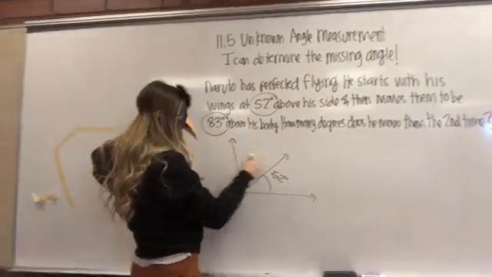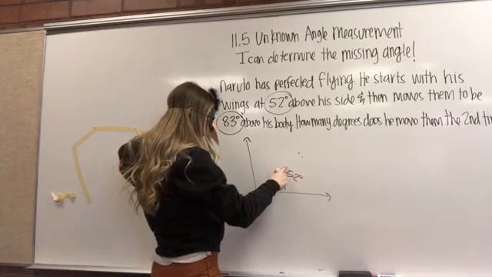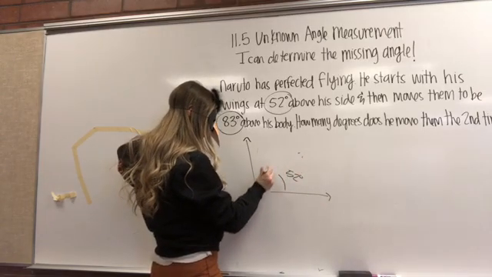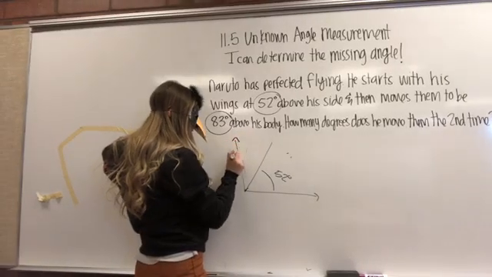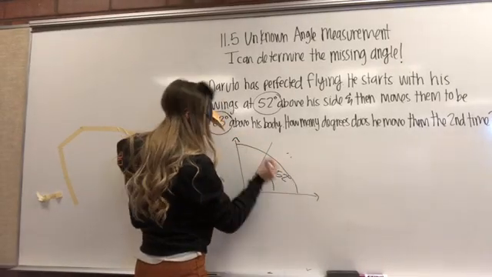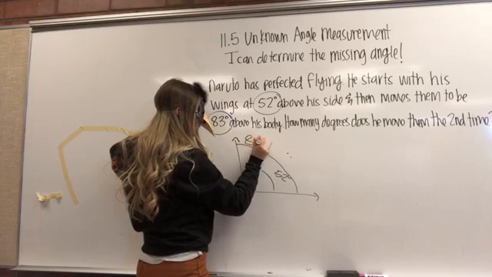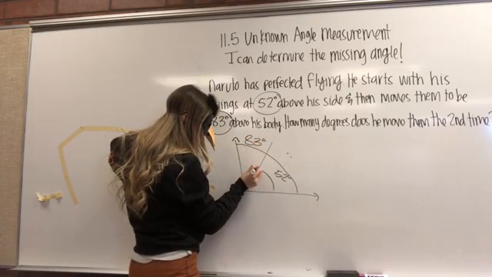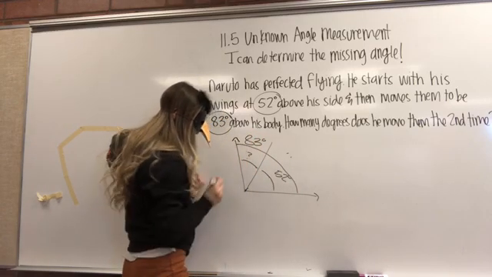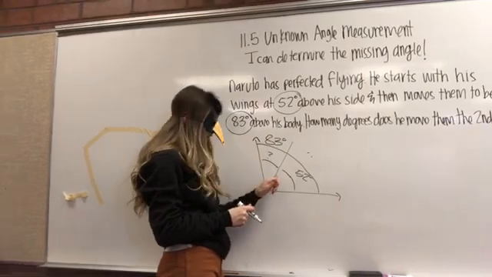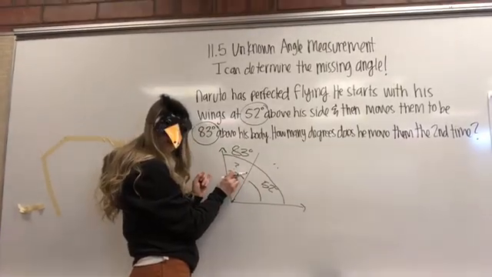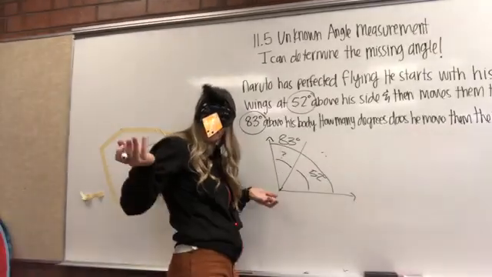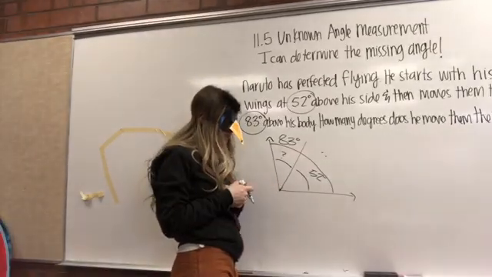Then my second movement gives me where the whole movement total is 83 degrees. How do I figure out this missing degrees? I started at 52, and then I moved all the way to 83. How many degrees did I move that second time? How are we going to figure out this missing angle?